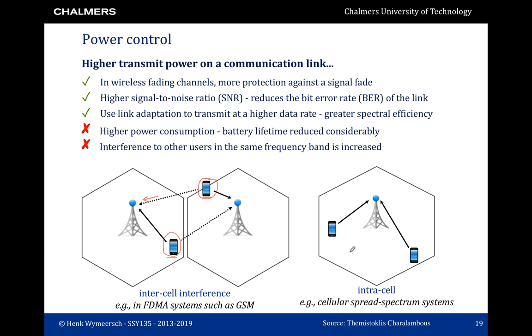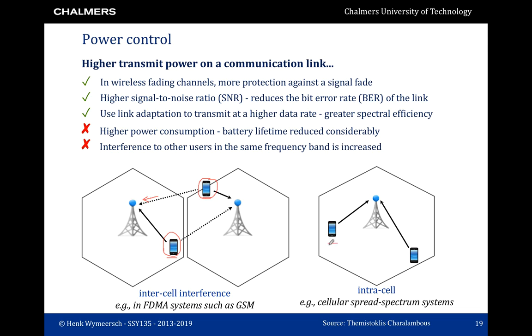There is also intra-cell interference, for instance, in CDMA systems. We have two users, one close to the base station, one far away. Because the codes of the users may not be perfectly orthogonal or due to timing offsets, there exists residual multi-user interference.